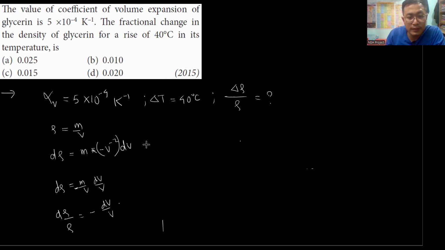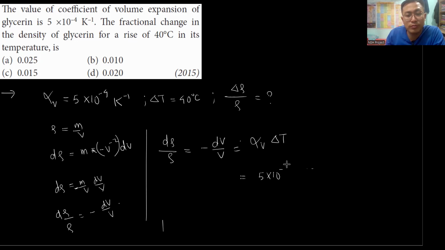The fractional change in density, d rho by rho, is equal to minus dV by V, which is equal to minus alpha V into delta T. So alpha V is 5 into 10 to the power minus 4, and what is delta T?